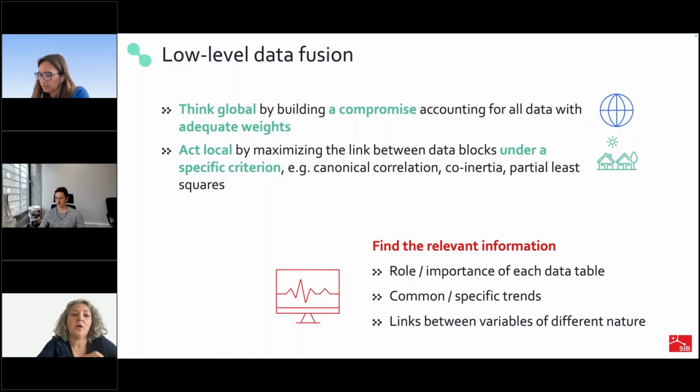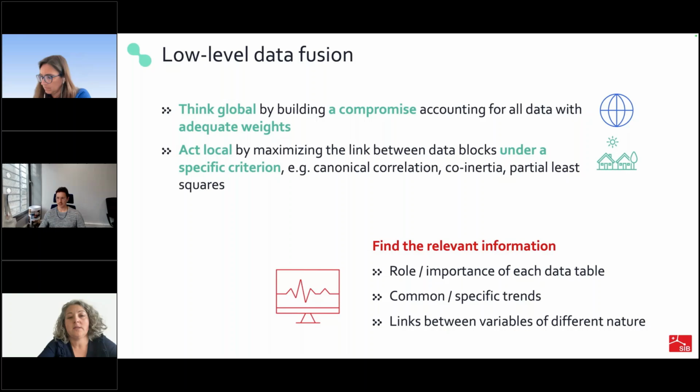And also locally, you want to maximize the link between the data blocks under a specific criterion, which can be very various and needs to be chosen carefully to answer your question.